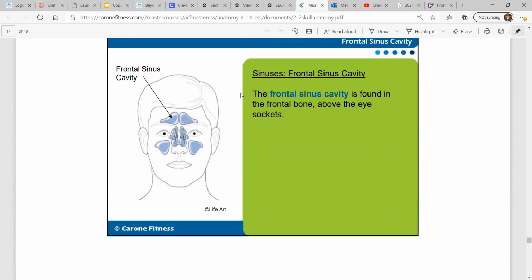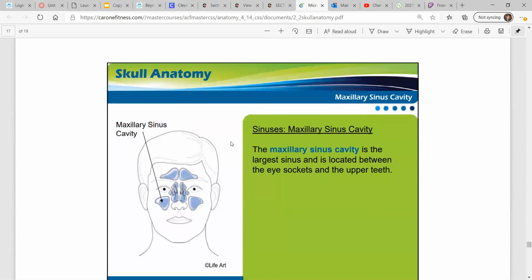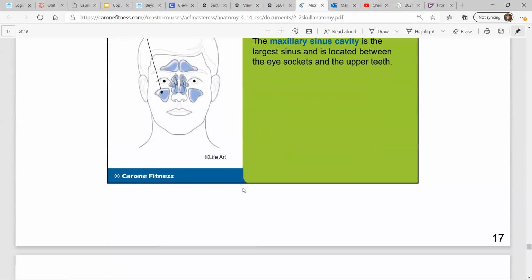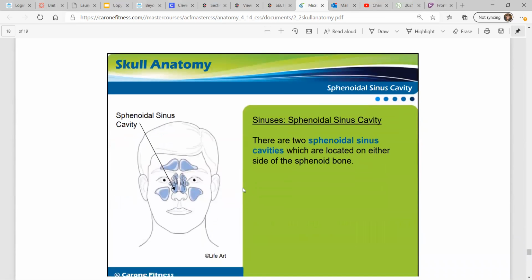The frontal sinus cavity is found in the frontal bone above your eye sockets. So up here. The maxillary sinus cavity is the largest sinus and is located between the eye sockets and your upper teeth. So between your eyes and your mouth, right there. Sphenoidal sinus cavity.